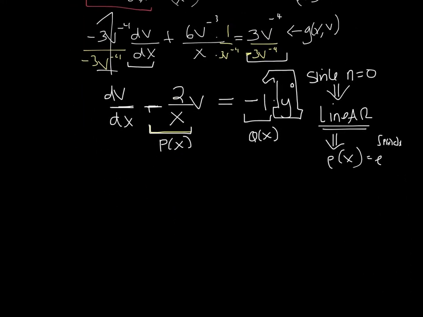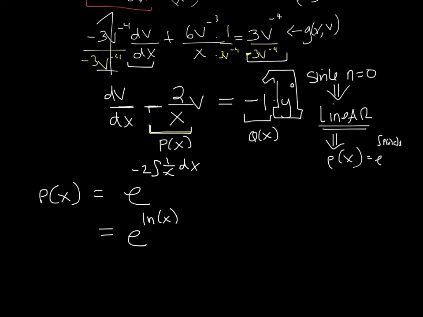So let's calculate our rho of x. Rho of x is equal to e to the integral of p of x, but I know I can take out a constant. That's 1 over x dx. And let's work vertically here. E to the, this is going to be nice, ln of x, and my power is going to be on top.